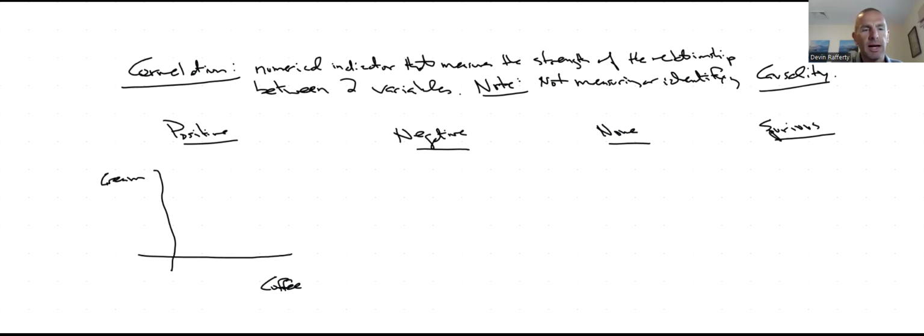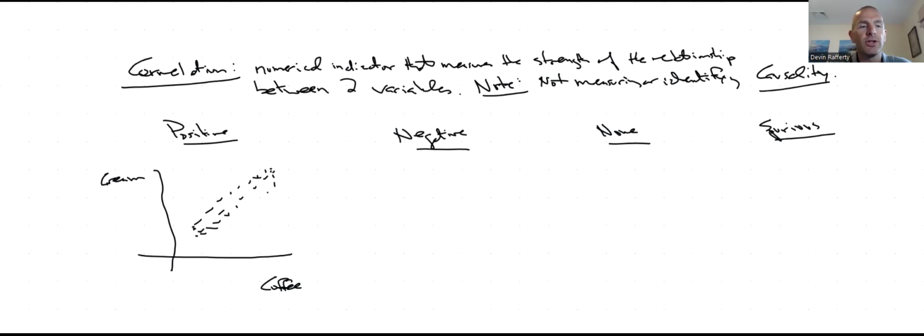So there is a positive correlation there. Since people like to drink cream with their coffee or sugar or a donut or something like that, the two things seem to be correlated, right? Spaghetti and meatballs, right? These things tend to go together, right?